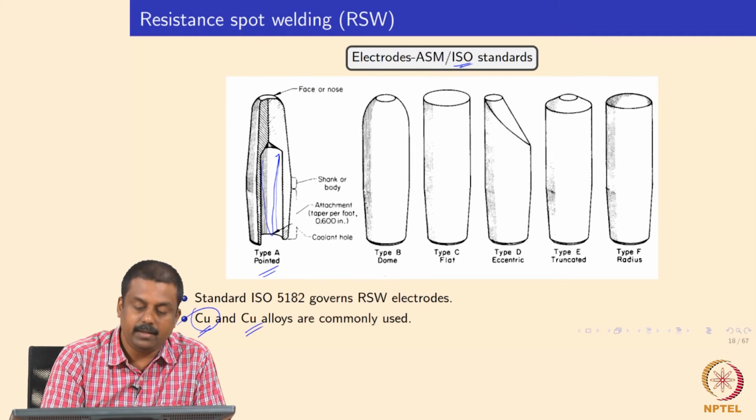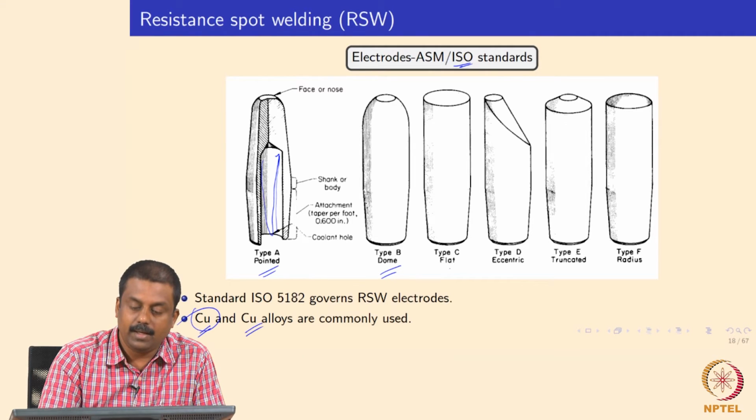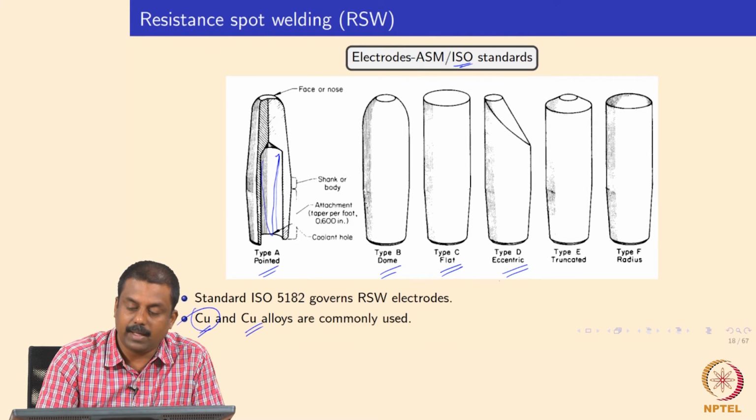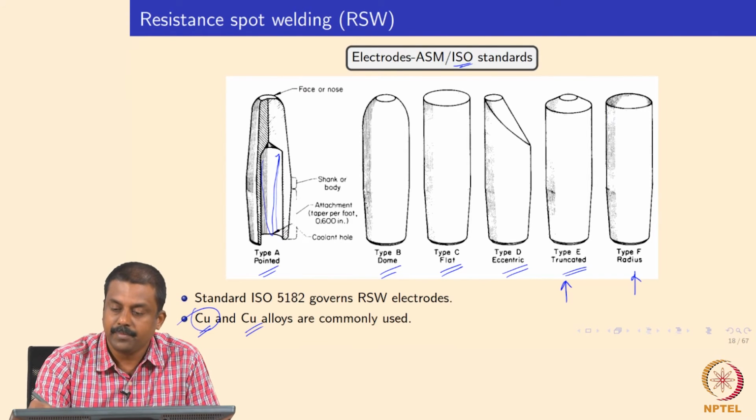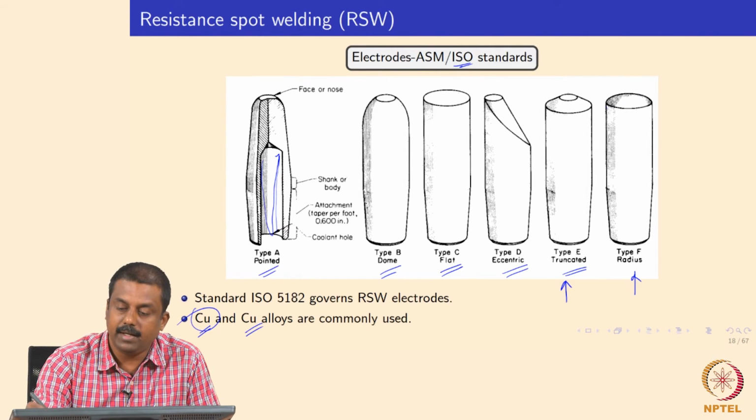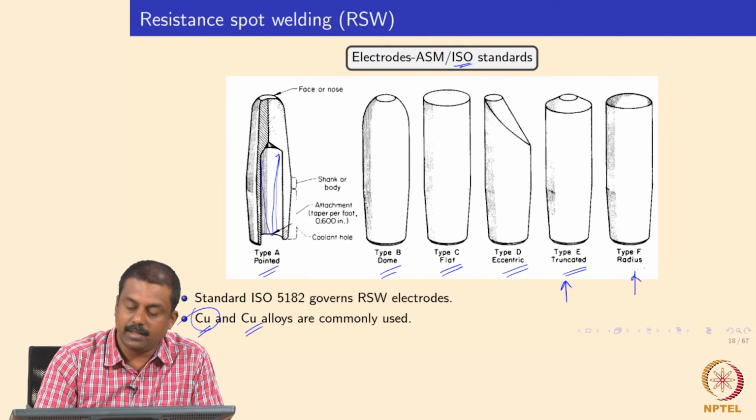Type A is pointed, type B is dome type, and you may also use flat electrodes or eccentric electrodes, and type D or truncated electrodes, which are most commonly used in automotive applications. Or we can also use some sort of radius electrode where you have a pointed edge as well as some concave geometry.